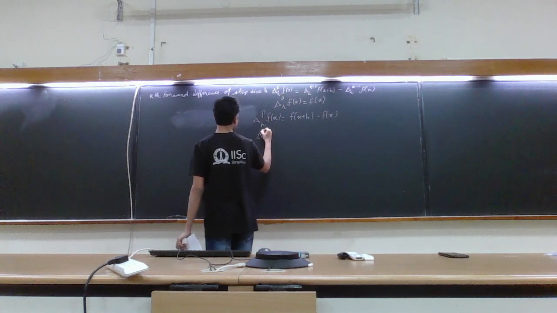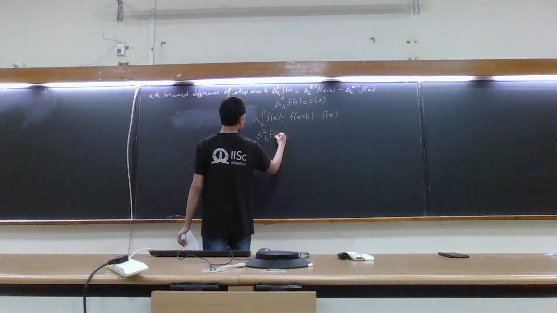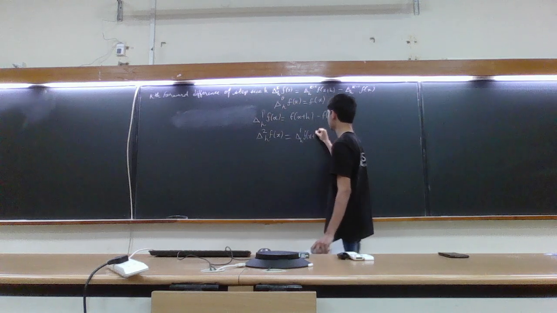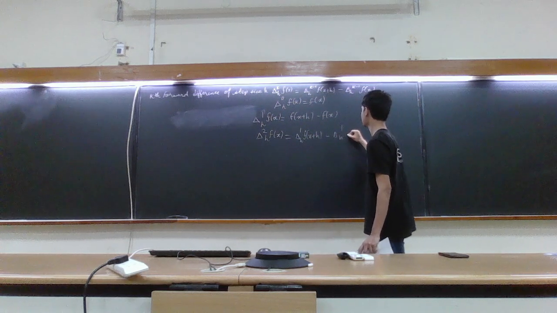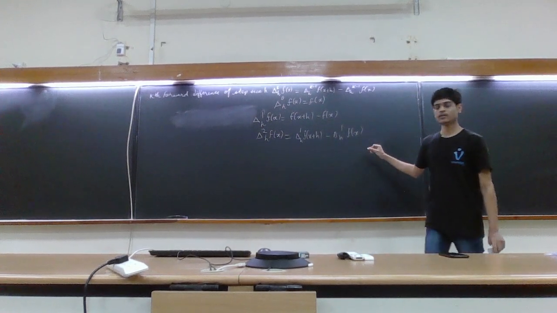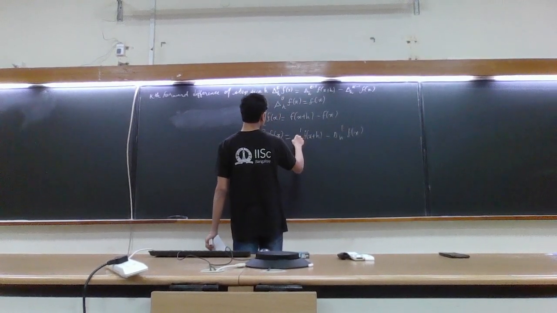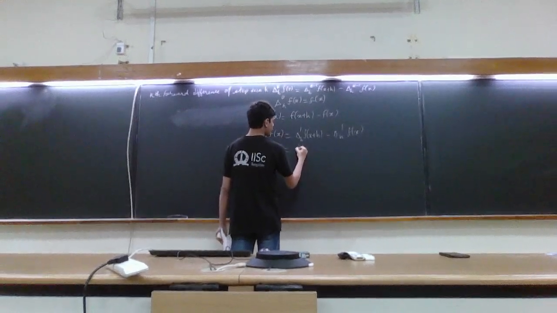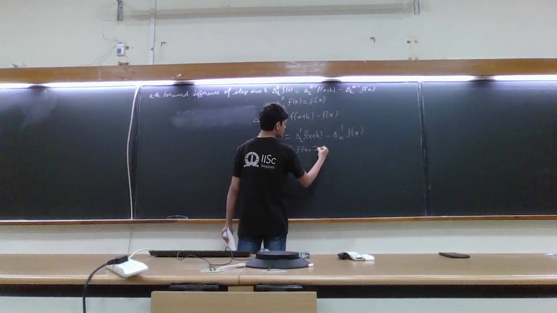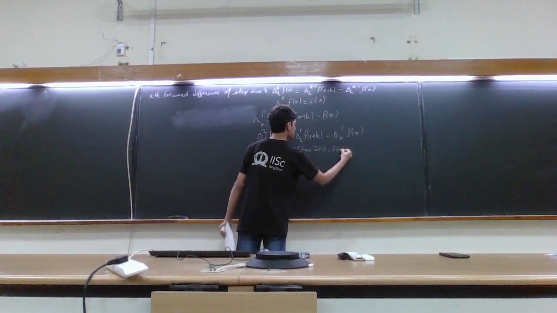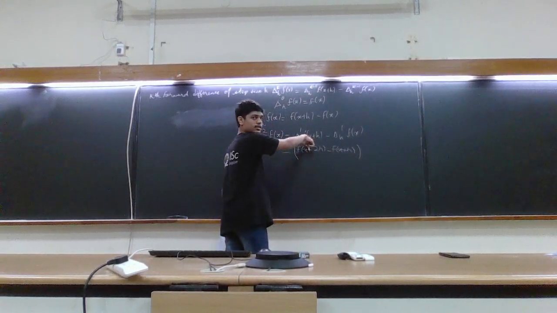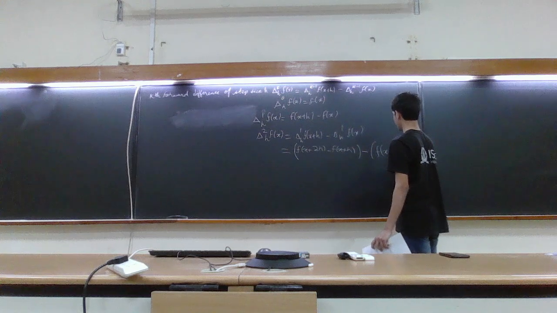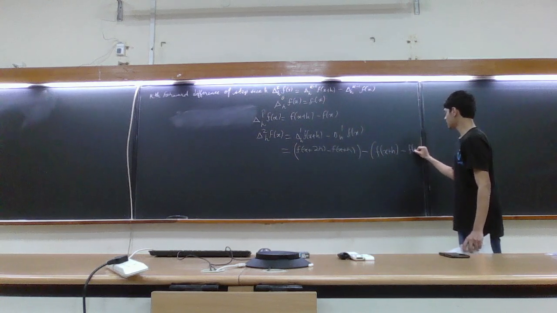And now if you take k equal to 2, then that will give you delta_h^1 f of x plus h minus delta_h^1 f of x, right? And now you can substitute the first forward difference of step size h with this, so you get f of x plus 2h minus f of x plus h, and then you have minus f of x plus h minus f of x.